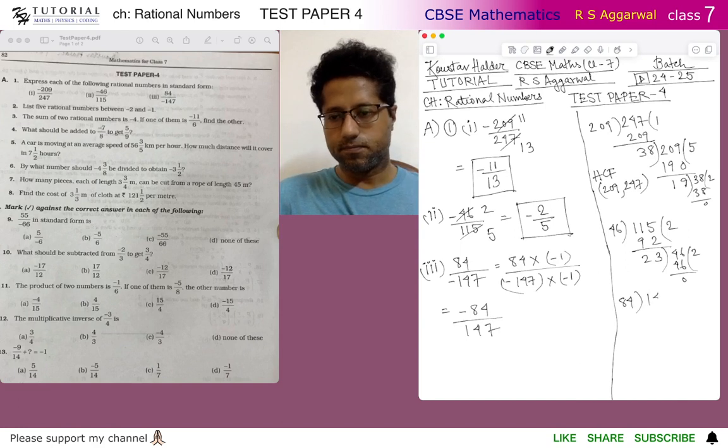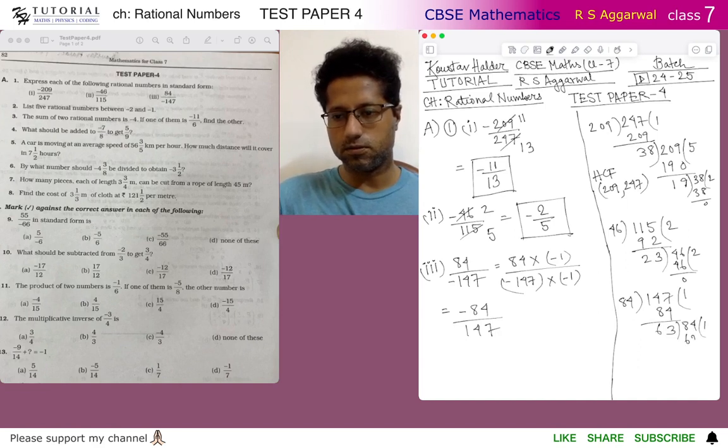So let's find out. We divide 147 by 84, and continue with the remainders, and we get that 21 is a common divisor of 84 and 147.